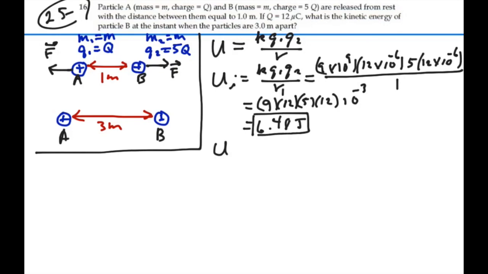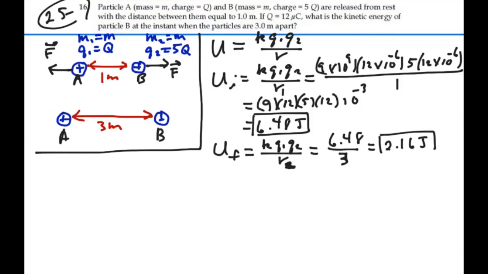So that's our initial potential energy. Our final potential energy is going to be K Q1 Q2 over our final distance, R2. And our K Q1 Q2 is all the same. So we're going to have 6.48 joules over 3 meters. So this is going to be 2.16 joules.